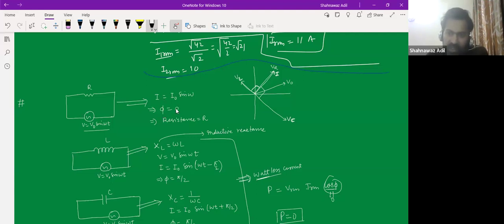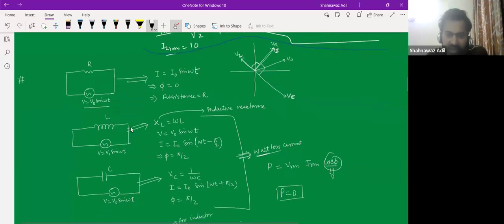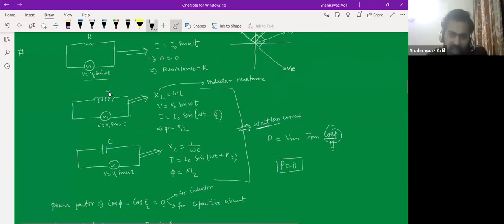So this is also I naught sine omega t, and resistance is R. And then you have this inductive circuit. So for inductive circuit, the effective resistance is XL, which is called inductive reactance, and this is omega L. And then current is lagging behind by 90 degrees.